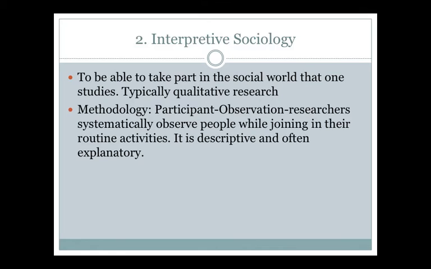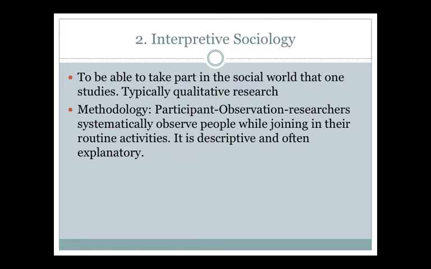of what's happening. The second type of methodology is known as interpretive sociology, and this is typically qualitative research. You actually take part in the social world in which you study. You are observing human behavior, you're involved. A lot of times it's not just that you are looking at what's happening, but you're actually interacting.